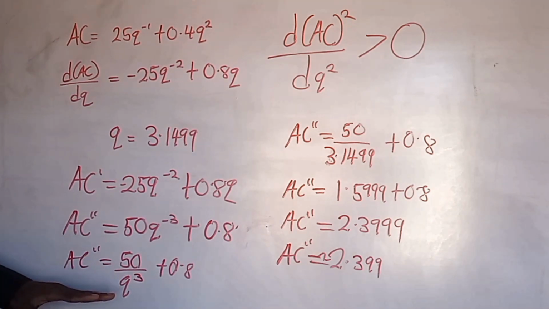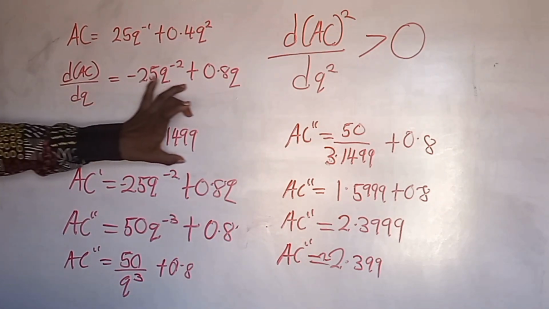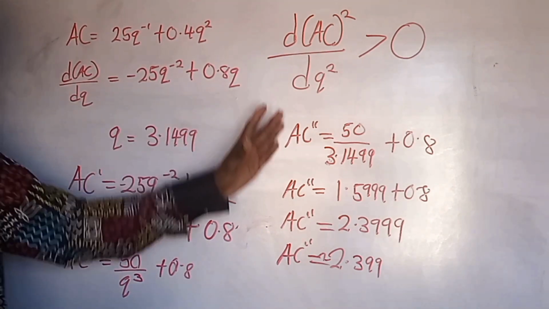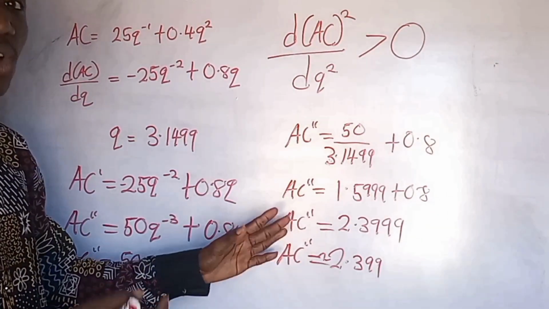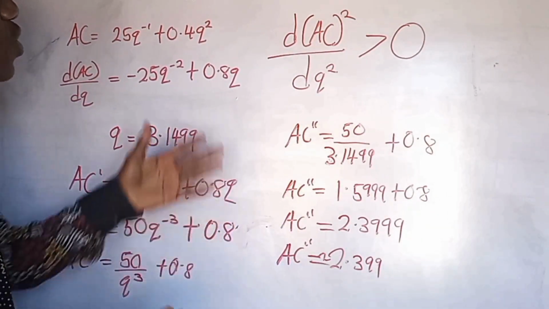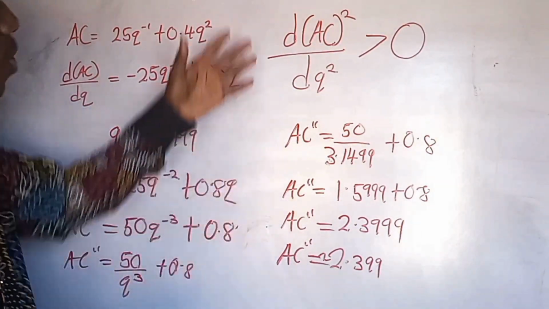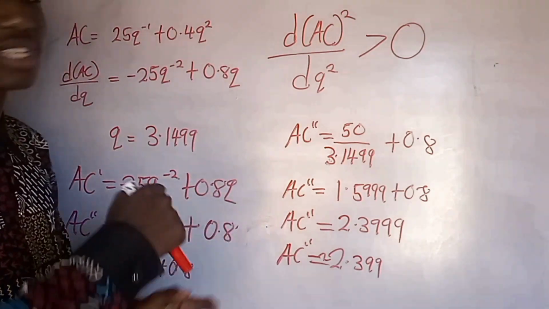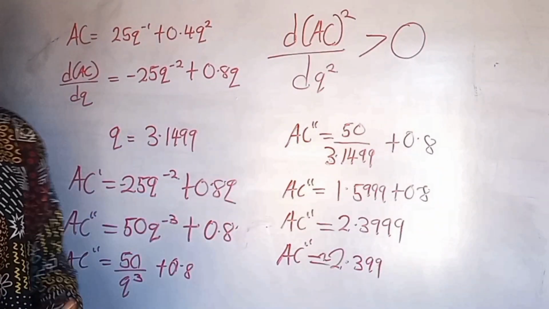Then you substitute the value of the independent variable q that you got here into the second derivative. Then you go back to your knowledge about stationary points. If the value is greater than 0, that means that the function is at its minimum point.